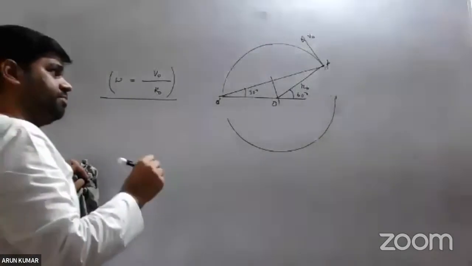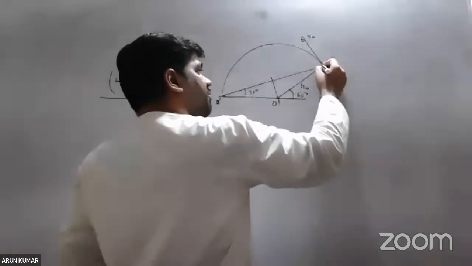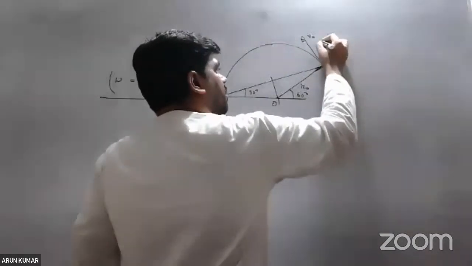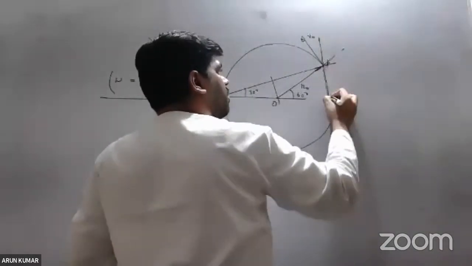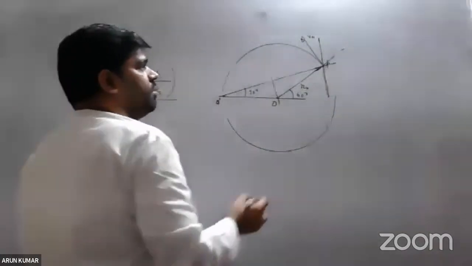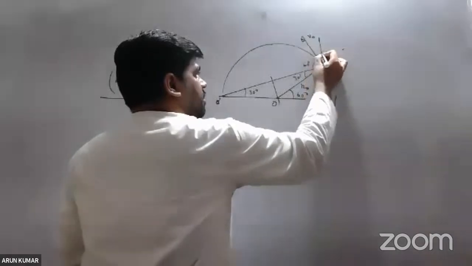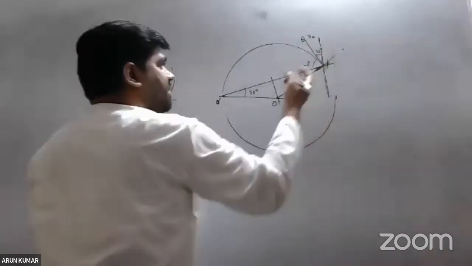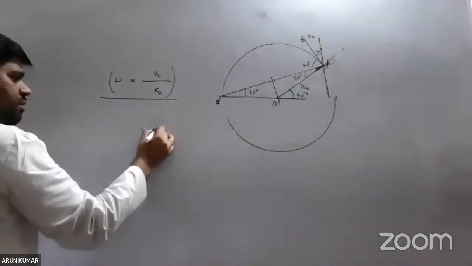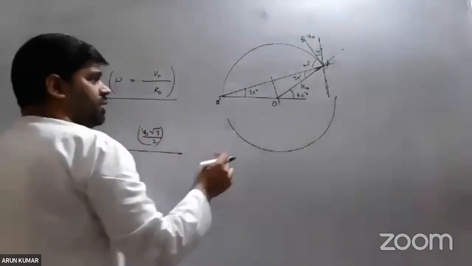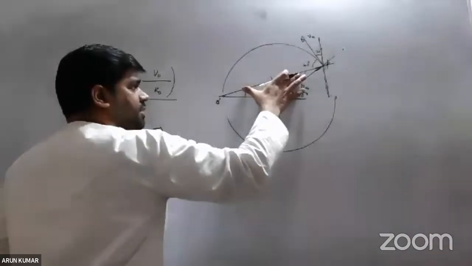But about O prime, what is V perpendicular now? If this is 30, this is 60, this is 30. So V naught sine 60, V naught root 3 by 2, is my V perpendicular. What is the distance now?